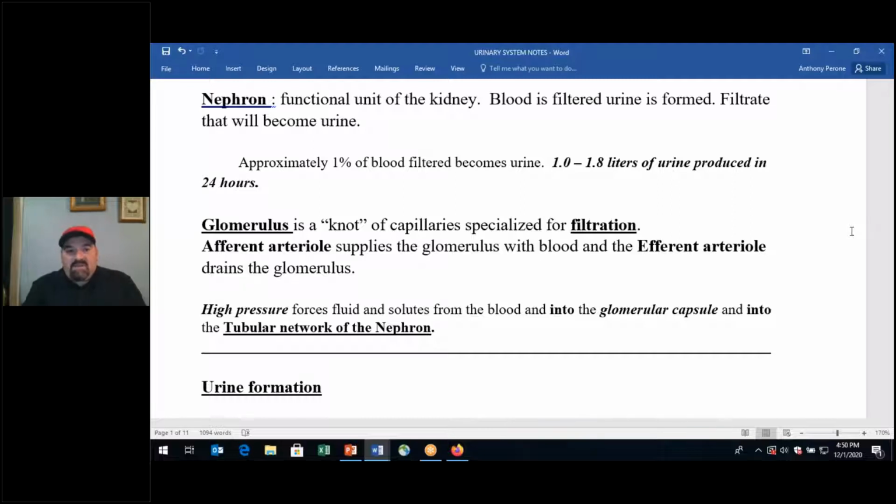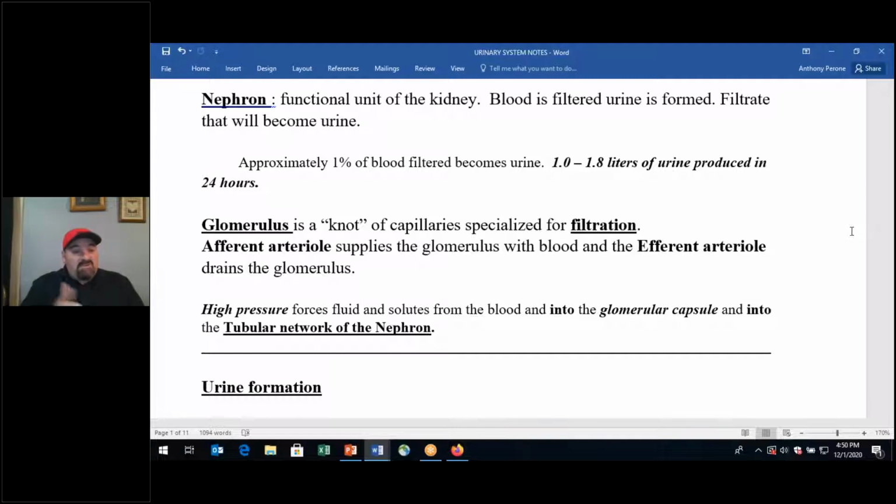The nephron is the functional unit of the kidney, and this is the structure that's actually taking the blood, filtering it, reabsorbing what the body needs, secreting what the body does not need. The secretion will end up going back into the tubular network, which will then enter the renal pelvis, where the urine will collect and enter the ureters, which will drain into the urinary bladder and leave the body via the urethra.